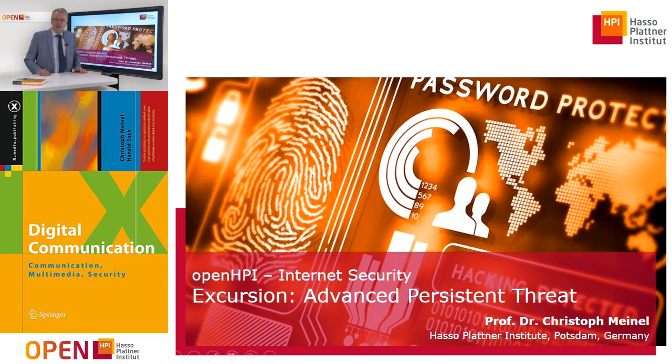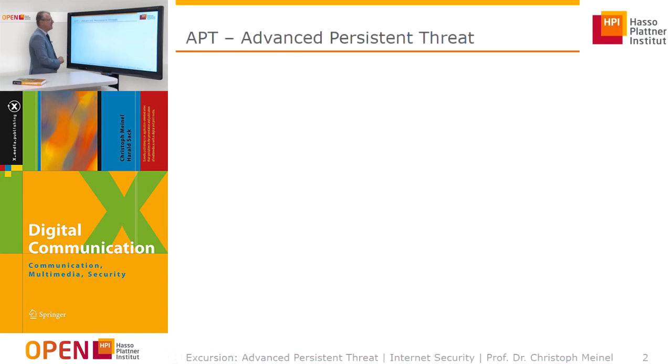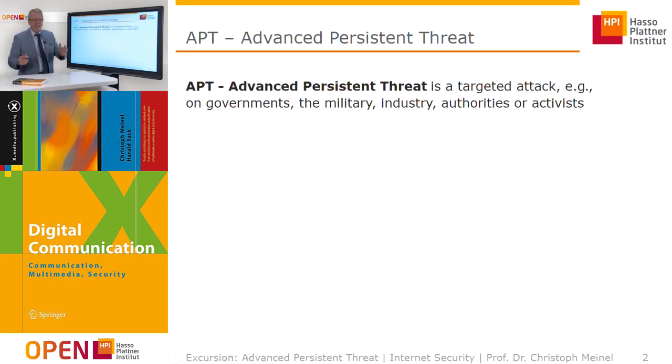In this excursion, we want to have a closer look at advanced persistent threats, so-called APTs. It's not necessary to consider this, but if you like to understand some of the press media news in more detail, perhaps it's interesting to understand what such APTs are.